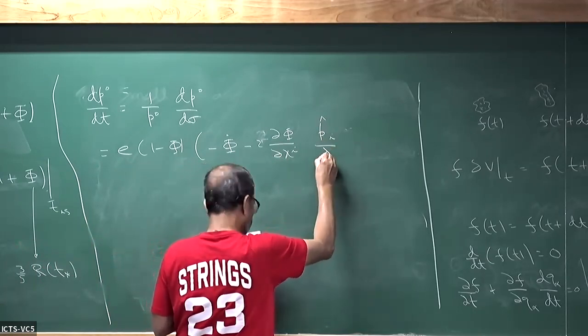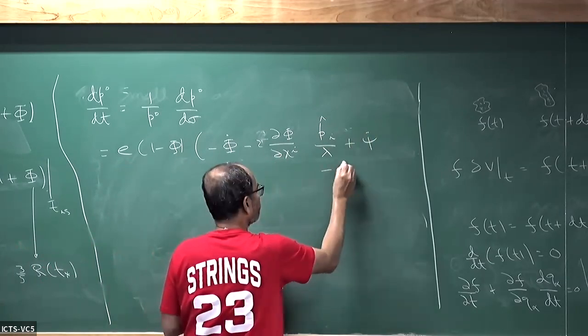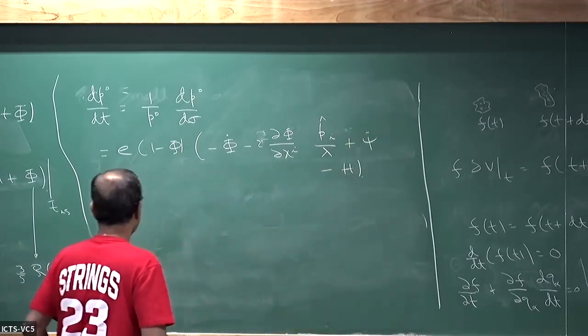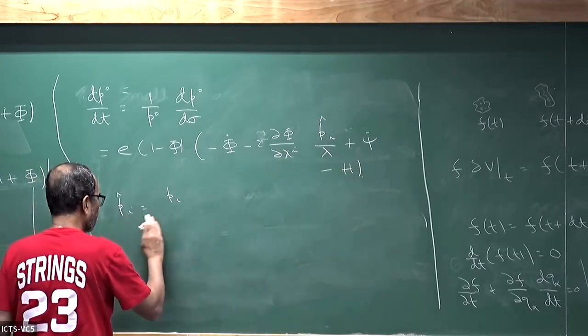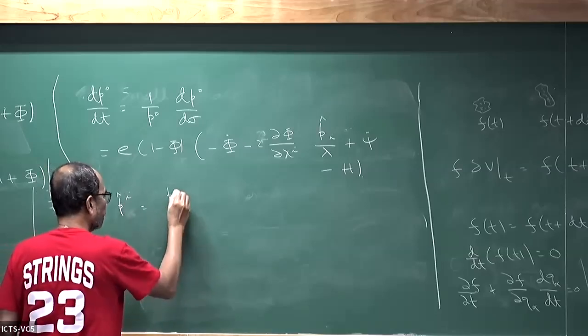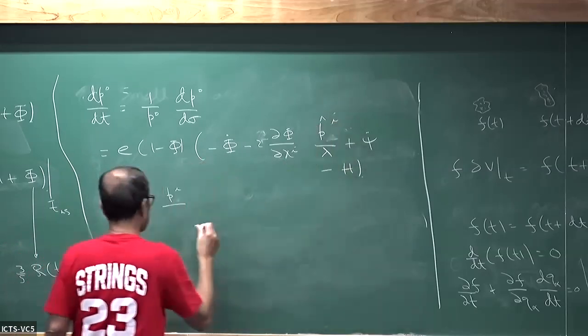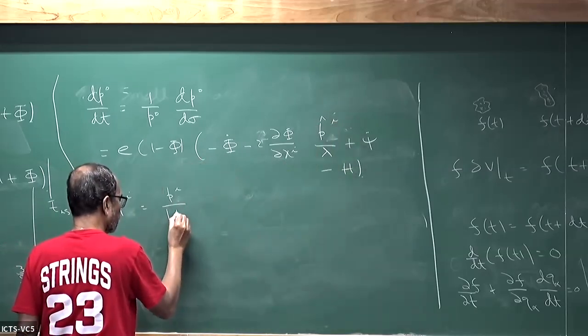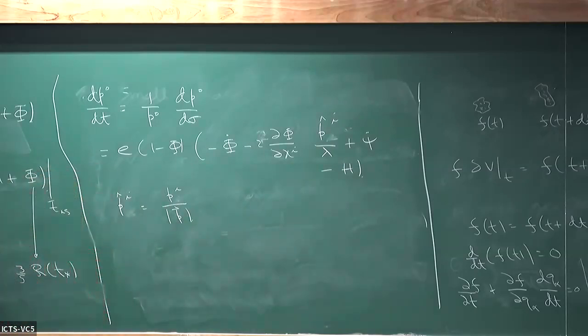Okay, I have to define this p hat i. I'll do it in a minute. So p hat i is just a unit vector along the vector p, the momentum.